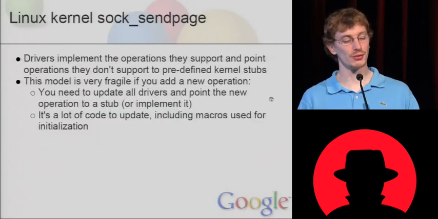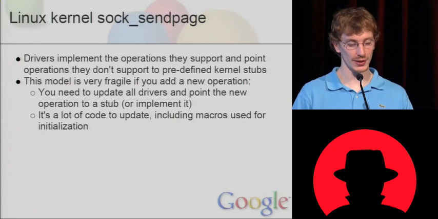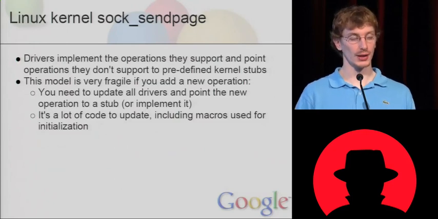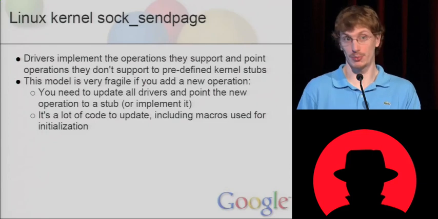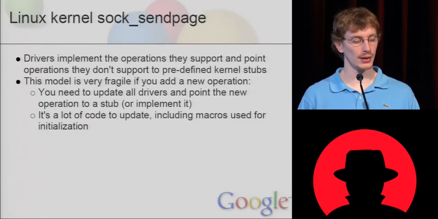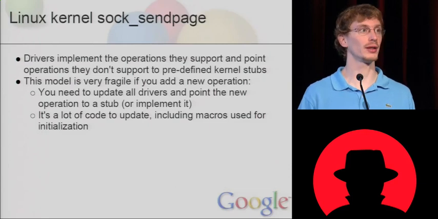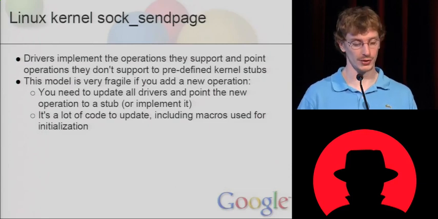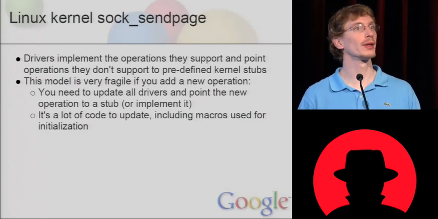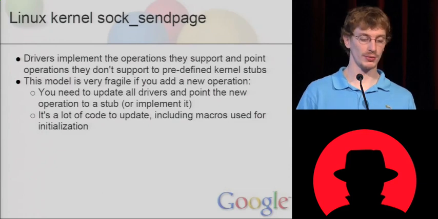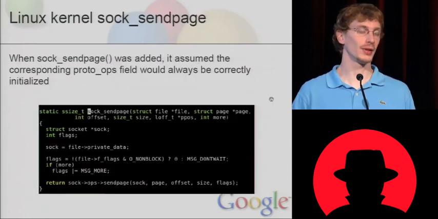This model is really fragile if you think about it, because anytime you add a new operation on sockets, what do you need to do? You need to update all drivers and point the new operation to a stub or implement it. It's actually a lot of code to update, because it means all drivers, right? And on Linux, that's a lot of drivers. Also, since macros are used for initializations, you also need to update all those macros. So, of course, it went wrong.